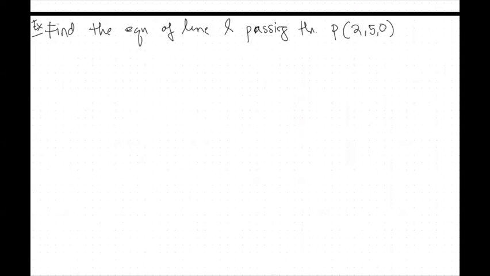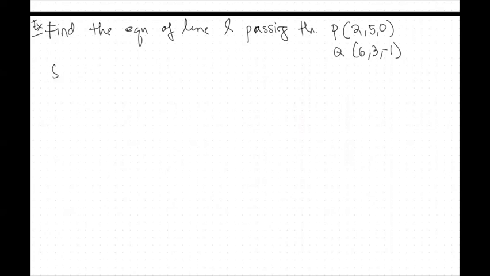Find the equation of line L passing through point P given by 2, 5, 0 and Q given by 6, 3, -1.